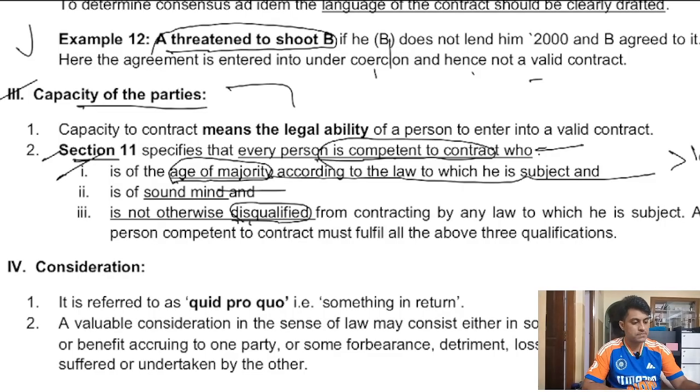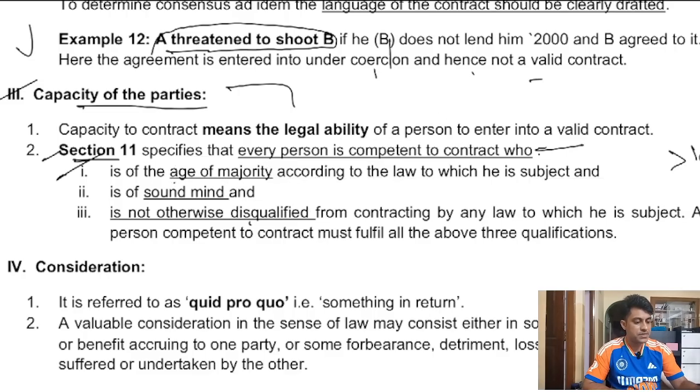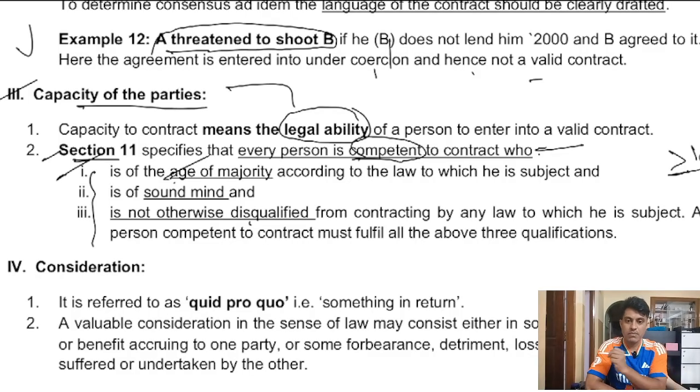So in short, capacity means a legal ability of the person. And also every person is competent if he satisfies the following 3 points. What is that? Age of majority is nothing but he should be above 18 years of age. Second one is he should be a person of sound mind.